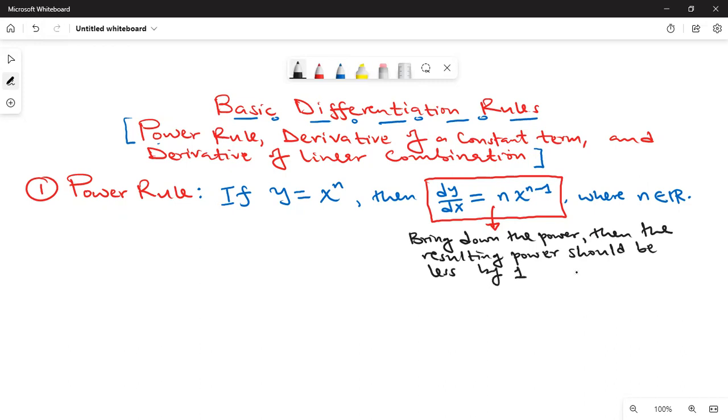So when you bring down the power, you get n. Then now the new power of x is n minus 1. That is the power rule of differentiation.